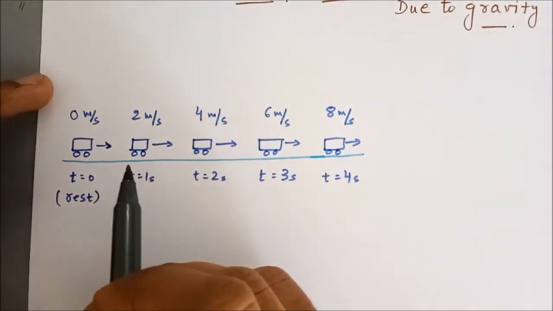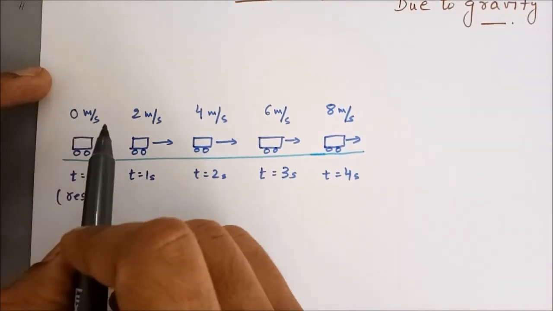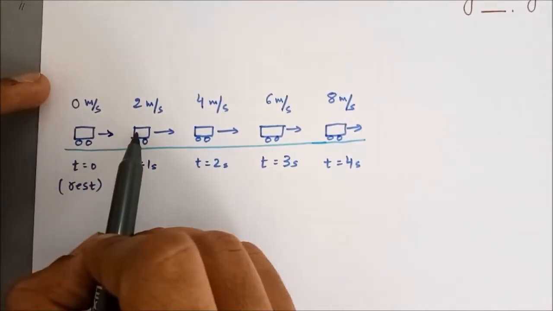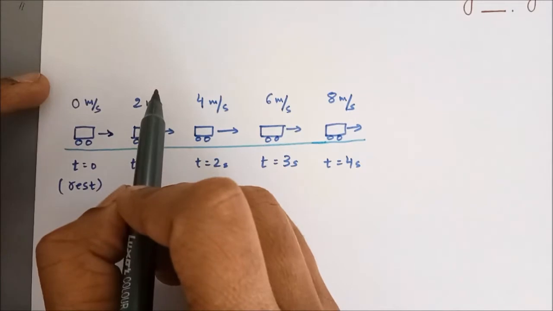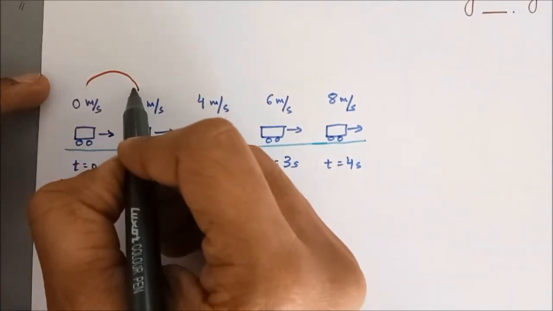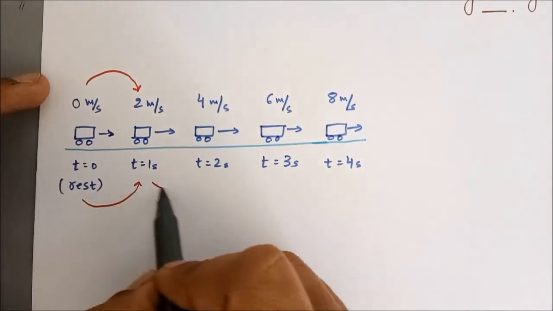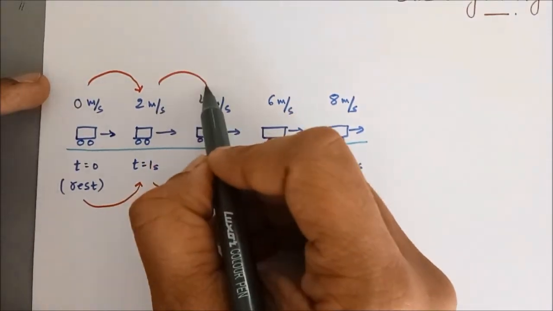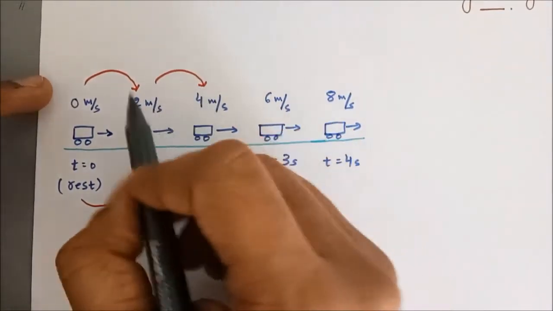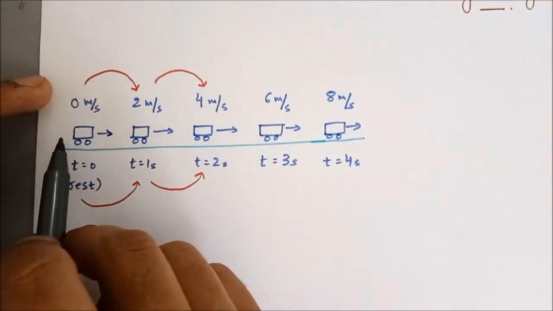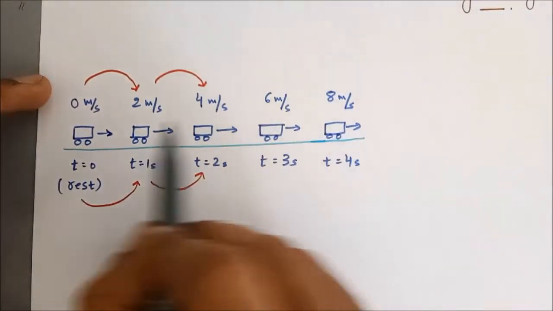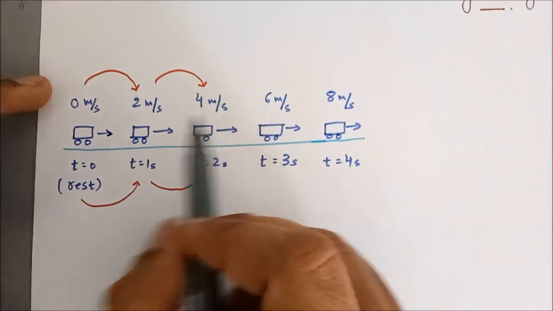Now here we have considered that after every 1 second there is an increase in the speed of the car by some amount. After every 1 second, there is an increase in the speed of the car or the velocity. Since the car is moving in a straight line, the speed and the velocity are the same.